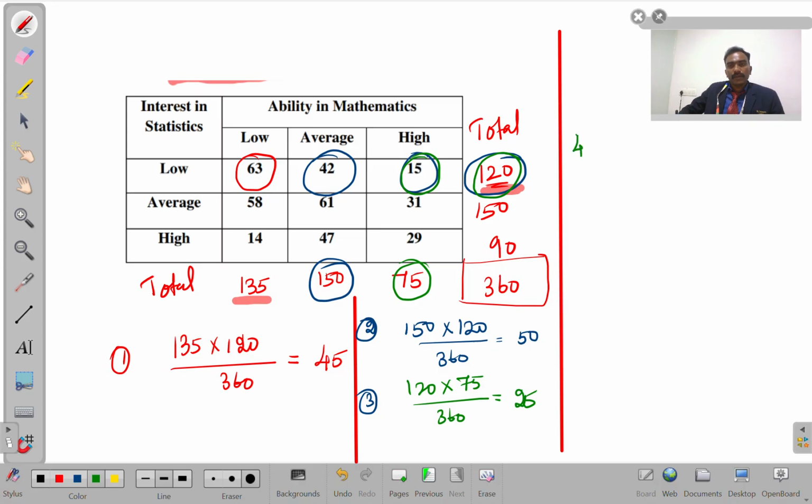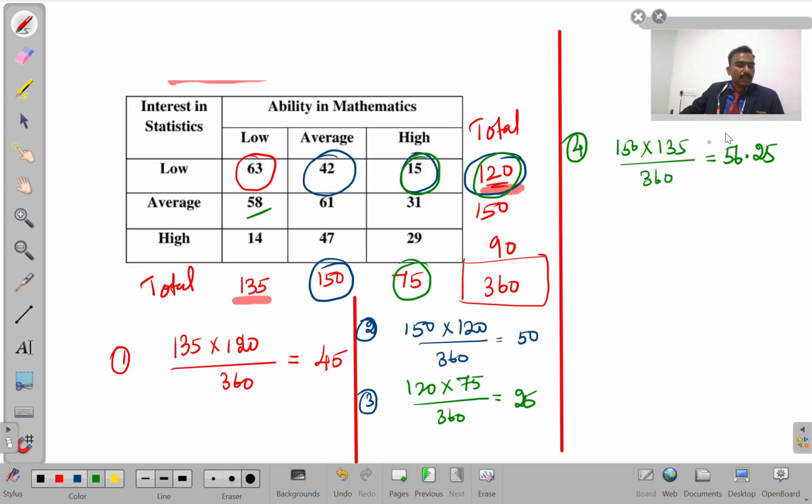So for the fourth one, we need to find the corresponding expected value for 58. The corresponding row total is 150 and the column total is 135, divided by 360. So the expected value for the observed frequency 58 is 56.25.